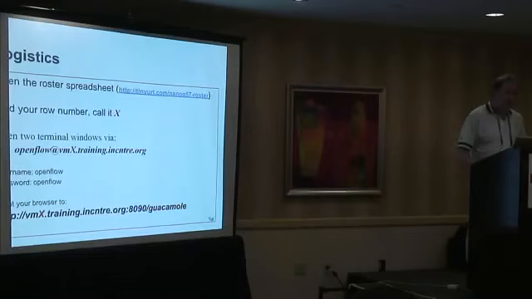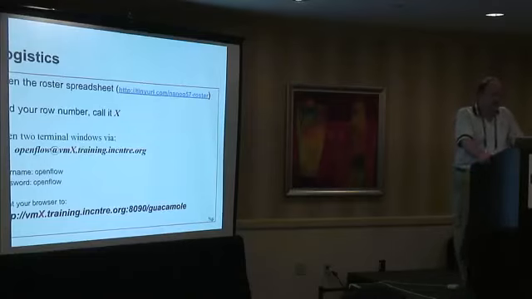If you point your web browser to VMX, X being the number again from that row number in the spreadsheet, .training.incenter spelled that weird way, .org, port 8090/guacamole, you should get an HTML5 rendering of an Ubuntu desktop running Wireshark. We'll get to the problem you're going to have with this in more detail later, but Wireshark, when it's run in this configuration, spits up an error dialog box, and you have to find that dialog box on the screen and dismiss it before you can use it.